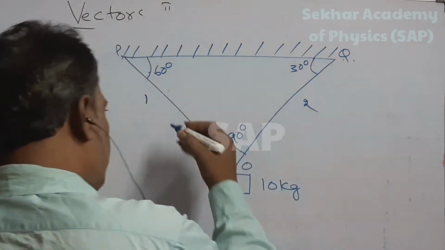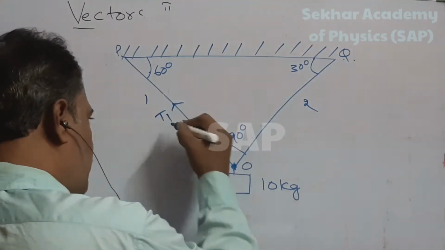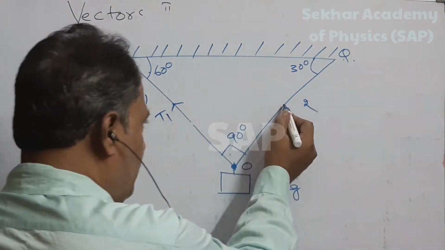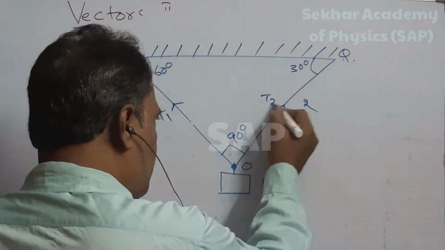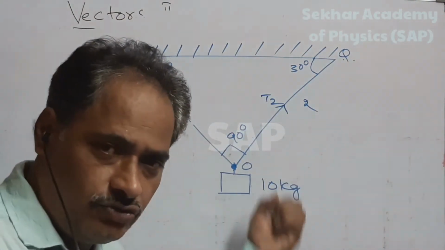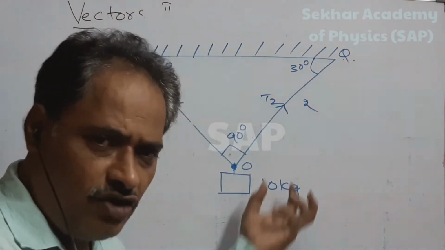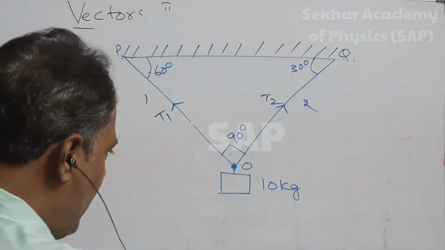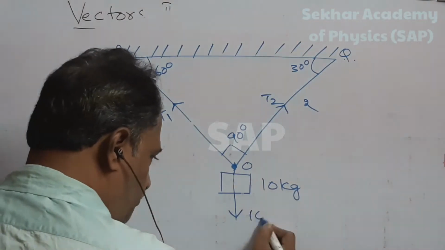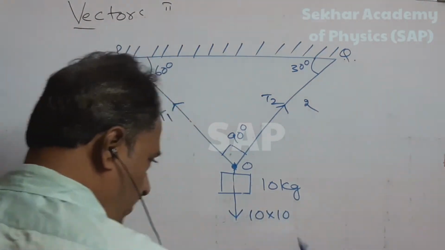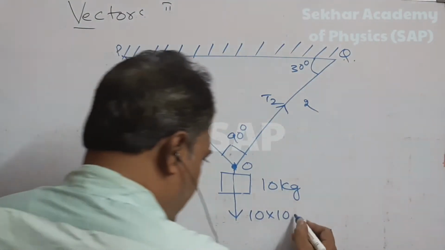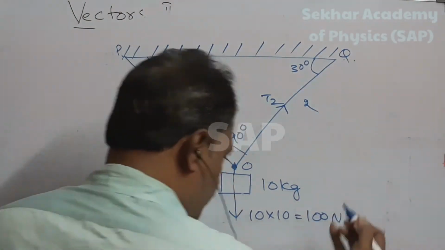The tension in the first string is acting towards P, and the tension in the second string is acting towards Q. Of course, the weight of that 10 kg body is acting vertically down. If I take g equal to 10 meters per second squared, I can write 100 Newton.